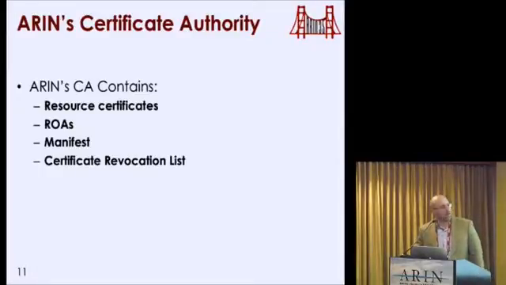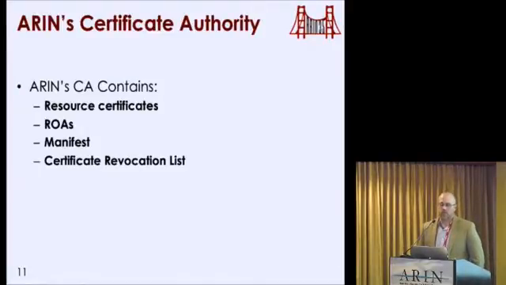All CAs, this slide says ARIN CA, but all CAs have in their repositories these types of objects. There's the resource certificates and the ROAs, and then there's also 2 other types of objects which you may not have heard of before. There's a manifest, which is really another signed object. It's a CMS object, if you're familiar with X509 lingo.